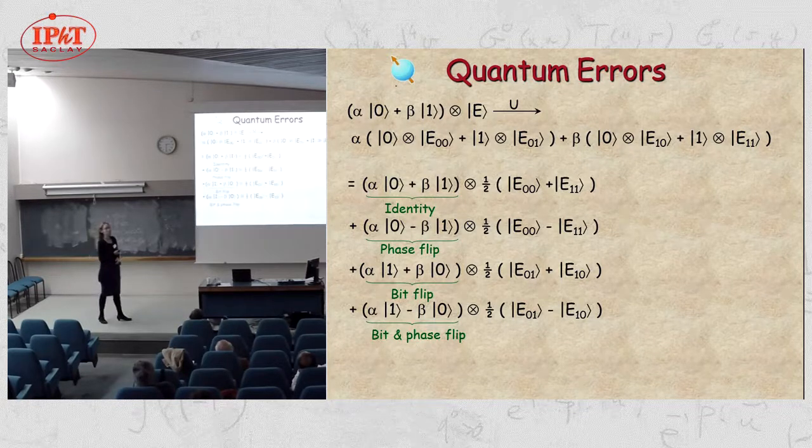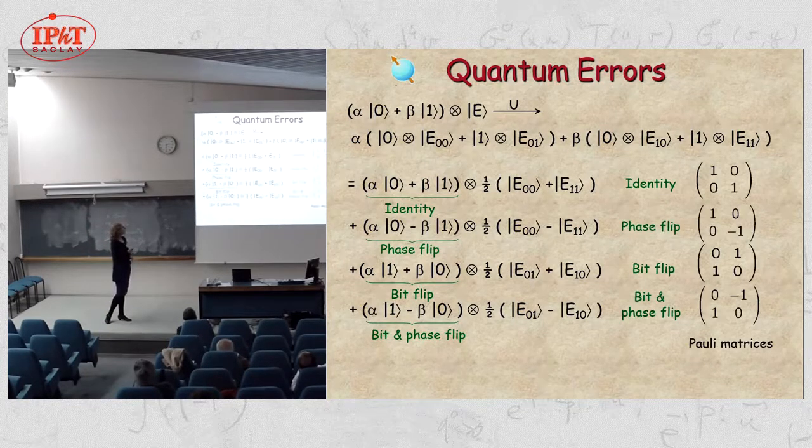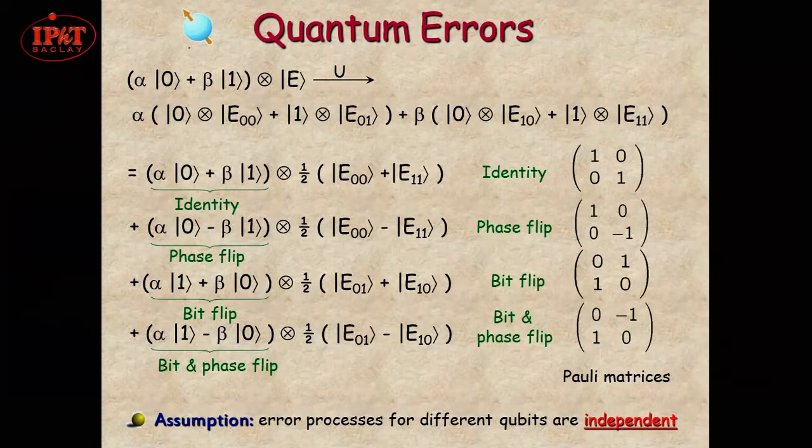Either nothing happens, or a phase flip happens, where the phase of one gets flipped, or a bit flip happens, or both. Right? So this is just math. You can expand any error to be one of these four things in some coherent fashion. So in that sense, we are already lucky, because if we can deal with these four things, we are in business again.